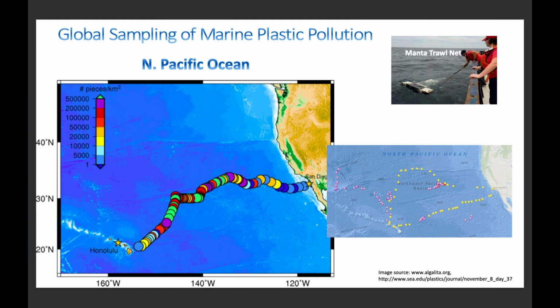The round patches are showing you the concentrations, and the different colors depict different plastic concentrations. So this is how the sampling is done, and this is how the plastic concentrations are found in the ocean.